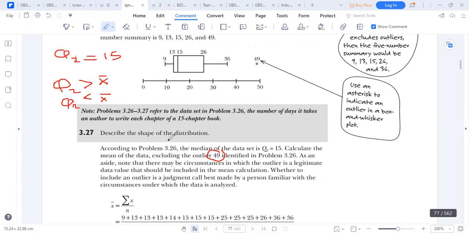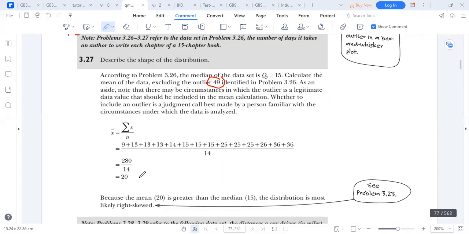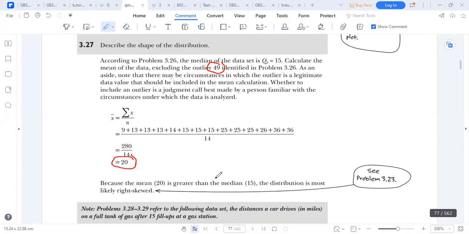Okay. So in this instance, when you calculate, you need to exclude the outliers. The outlier does not qualify to be part of the mean values. So when you calculate all these, excluding the 49, our mean will be 20. Now, if the mean is greater than the median, it is skewed to the right.